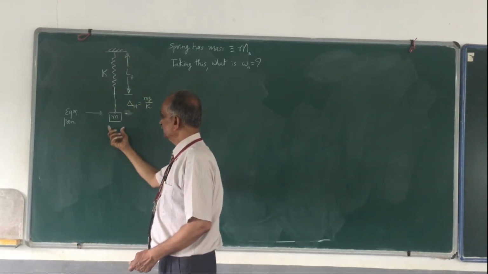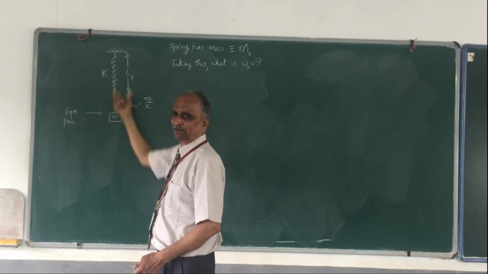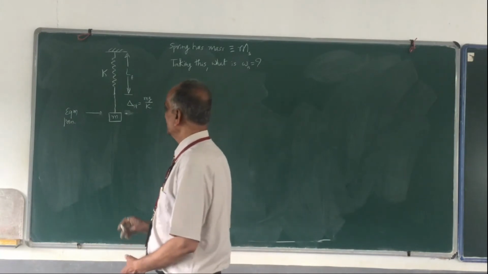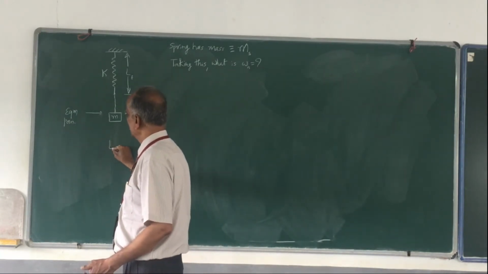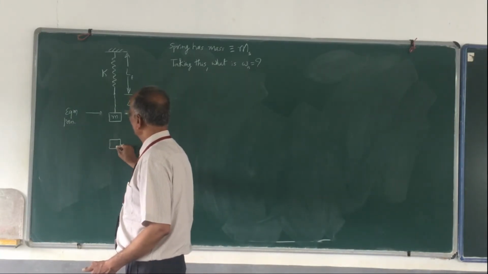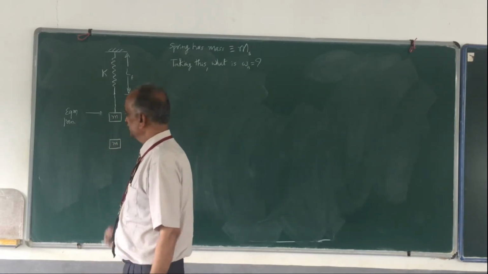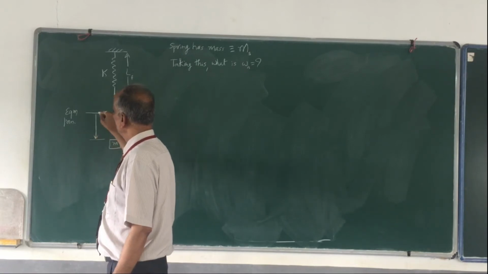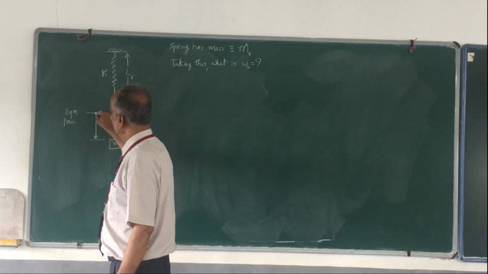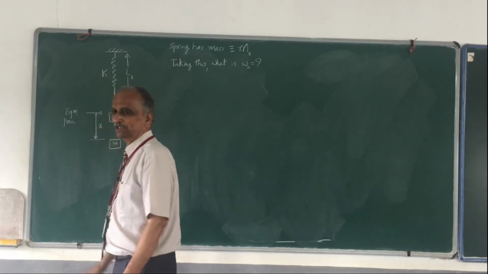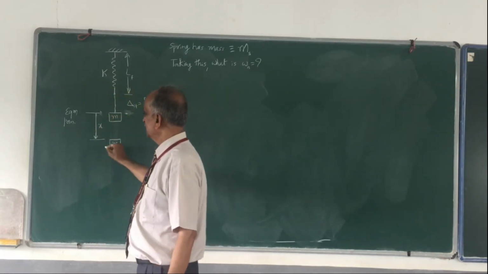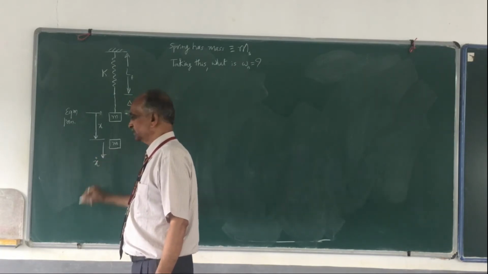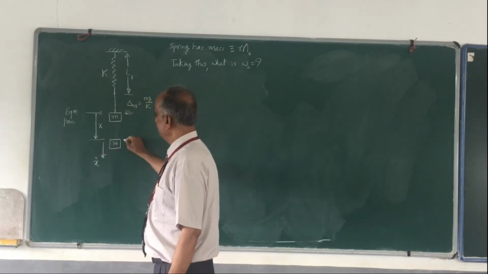I pull this mass up here, and it is oscillating. So arrest the mass at some position, say somewhere here. This is the mass at time t, and with respect to the equilibrium position, the mass has undergone a displacement of x, and it has velocity x dot. Does it have acceleration?